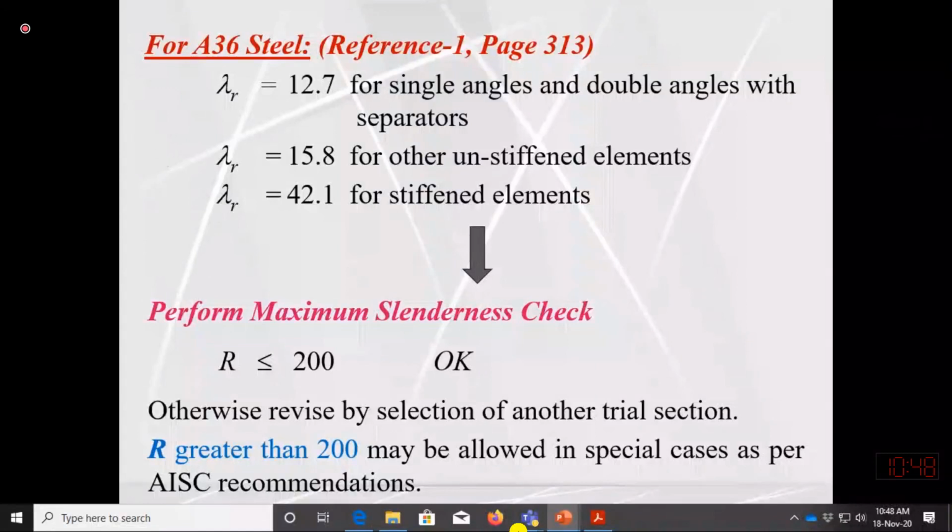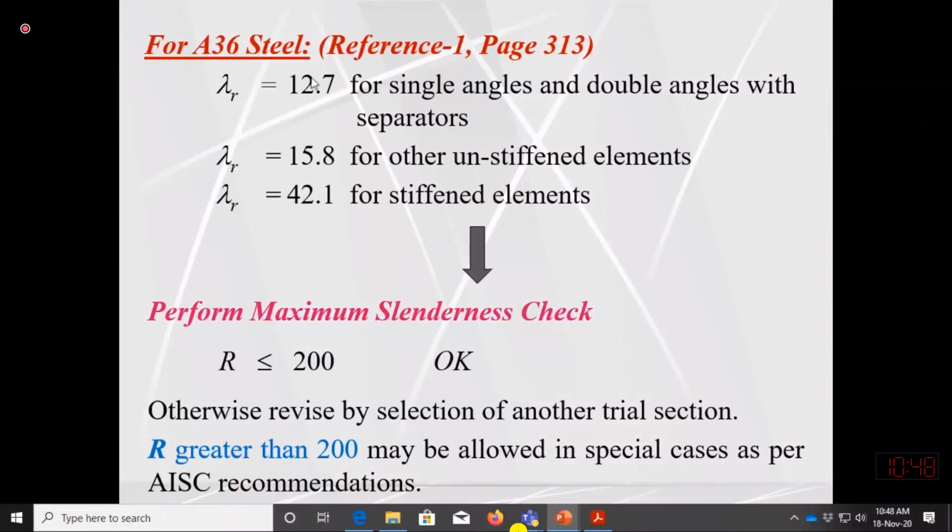In case of I section, half flange width, BF by 2, divided by thickness of flange. And for stiffened element, the web of channel and I section, the B over T ratio value is equal to height of the web divided by thickness of web.